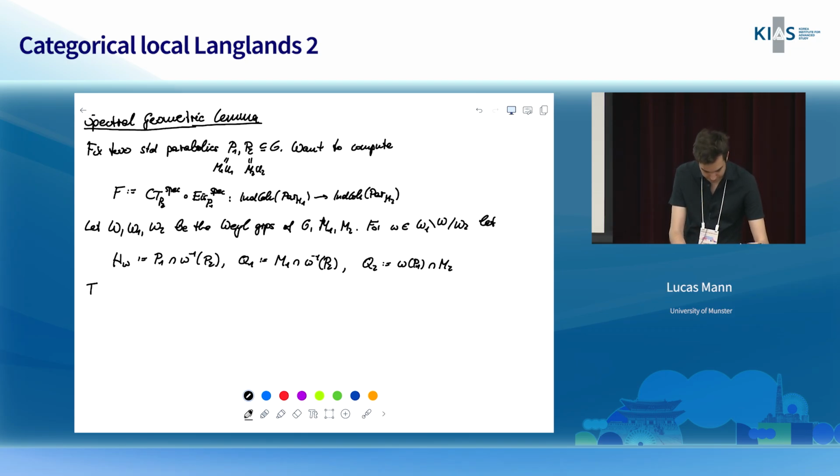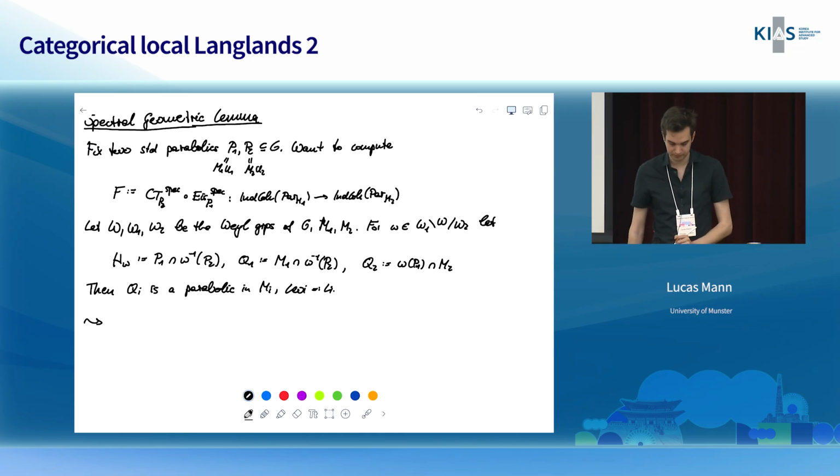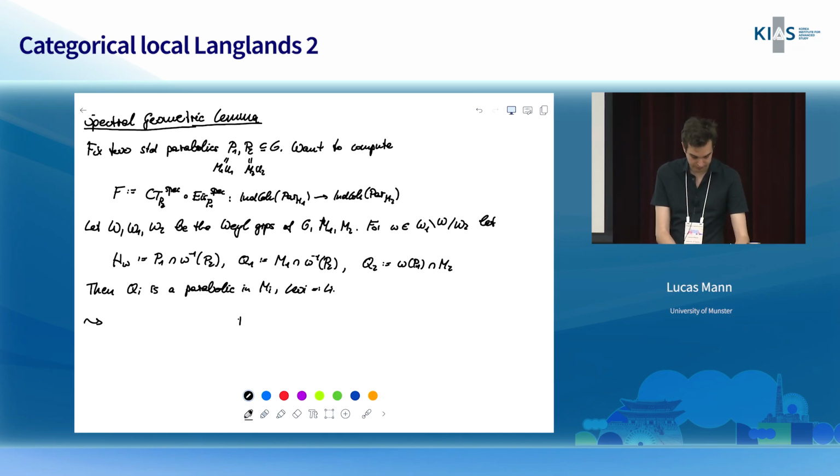Okay, and then Q_i is a parabolic in M_i, and let's call the Levi L_i. So that's a lot of notation, but unfortunately all of this organizes into one big diagram.